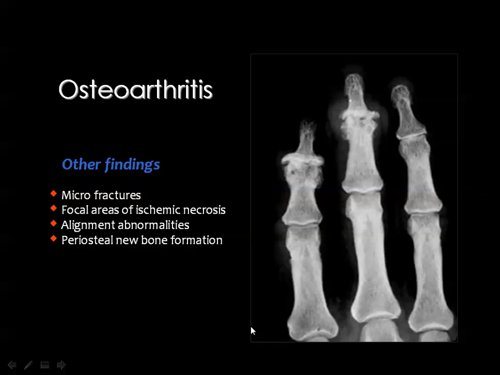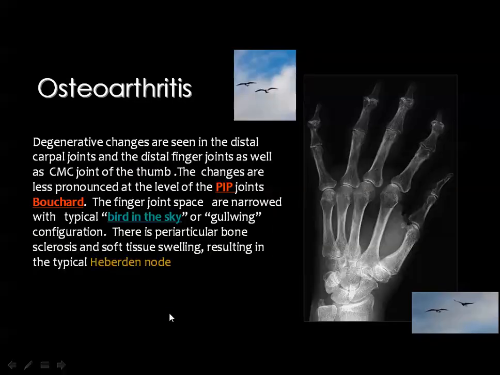And in the hand, there may be other manifestations like very small microfractures that are seen with magnification radiographs, also some areas of ischemic bone necrosis. There may be alignment deformities, and sometimes you can see periosteal new bone formation.